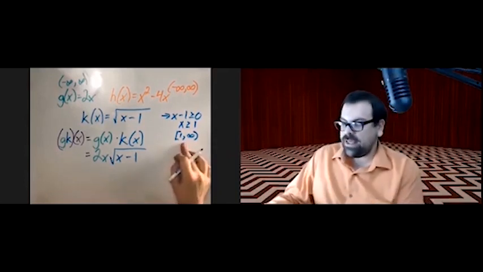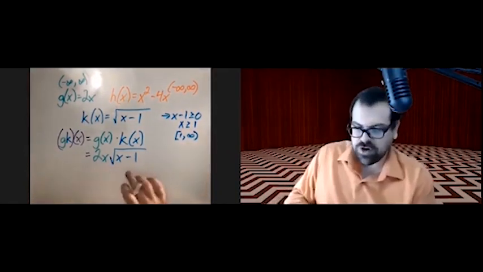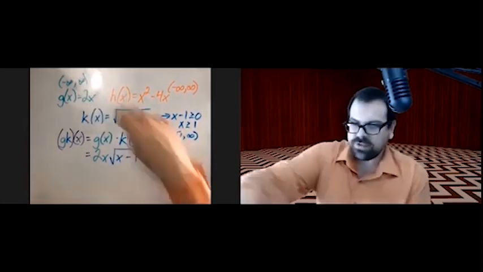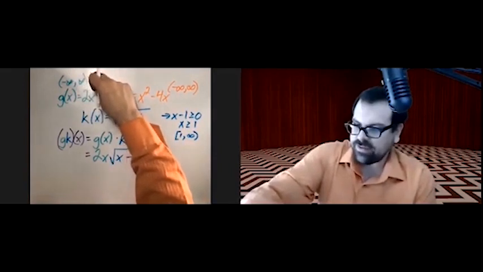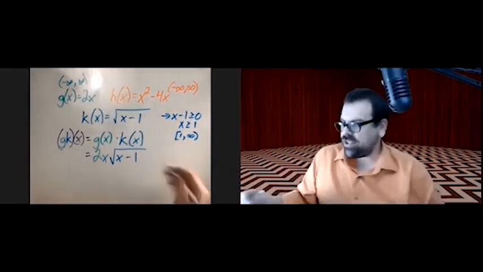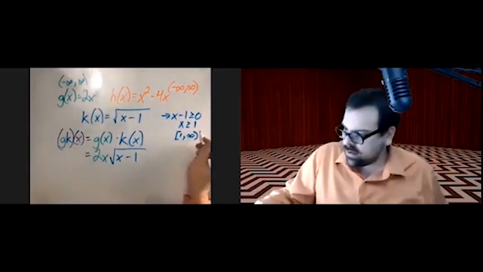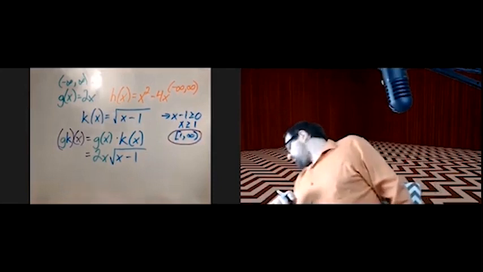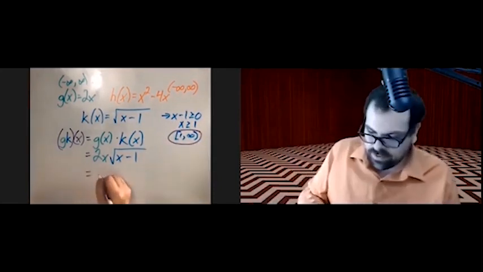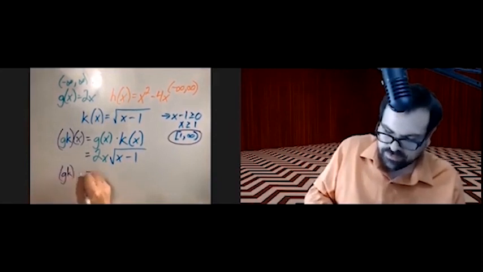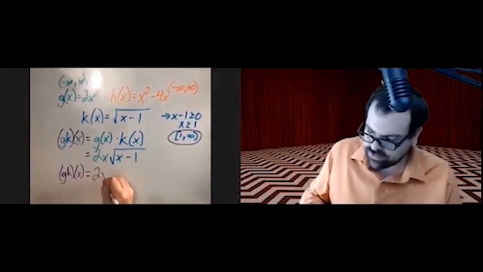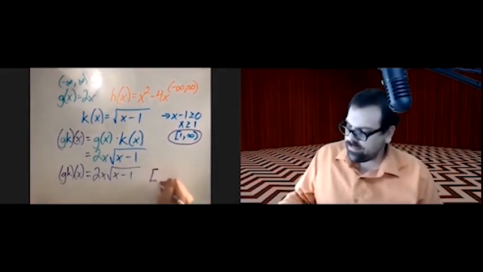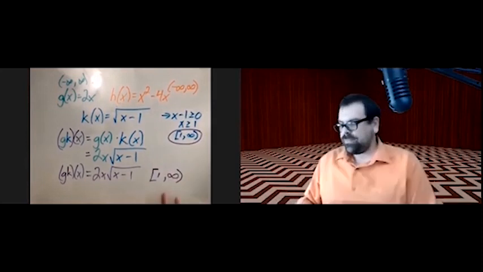So we would need the intersection of the domains for g and k. Where do they overlap? Well, since that's everything, the overlap is just going to be the same as the domain there. So the domain for this function, our final answer of 2x radical x minus 1, is this.